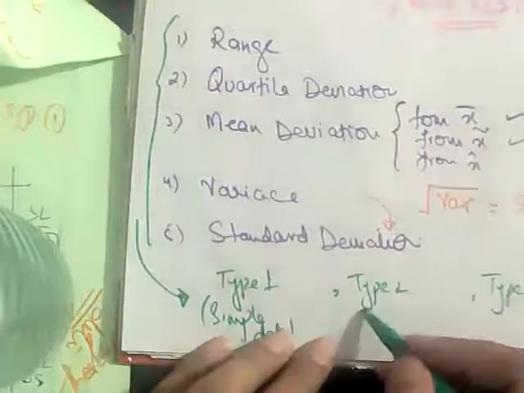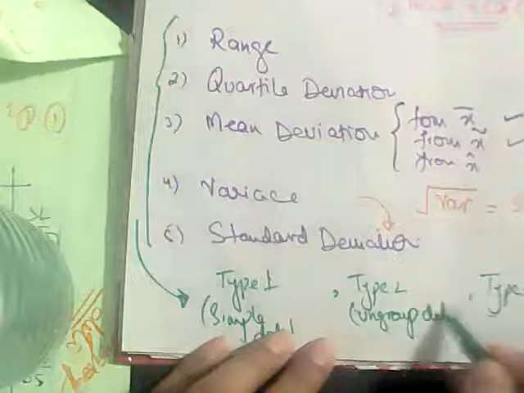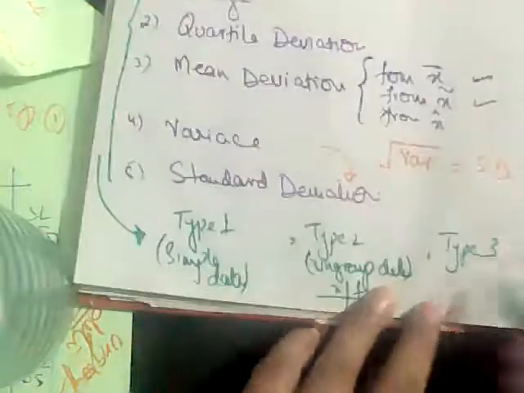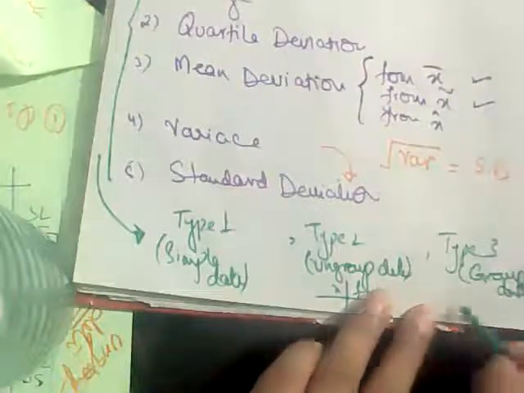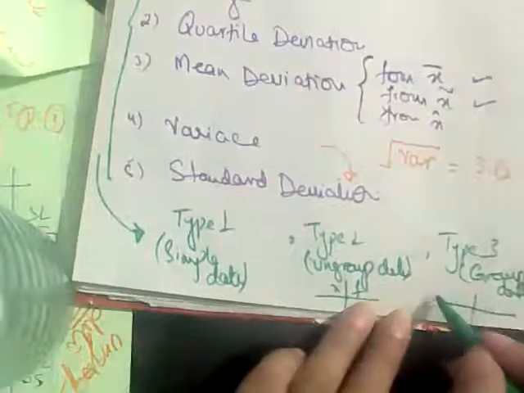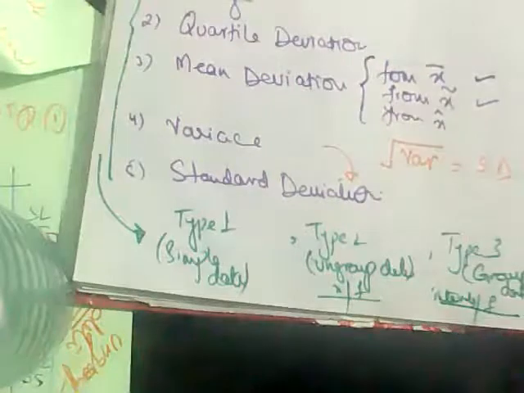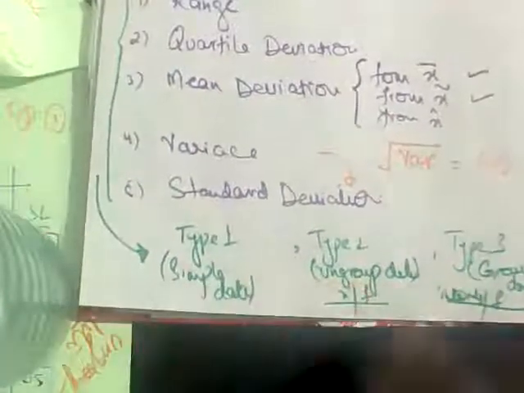Type 2 is ungrouped data, like X values and frequencies, and type 3 is grouped data, where intervals are involved. So intervals will be here, and the frequencies. So all three methods we are going to learn for all three types of data.